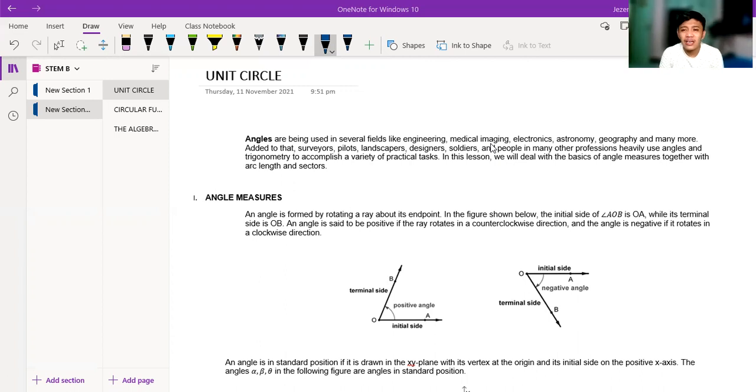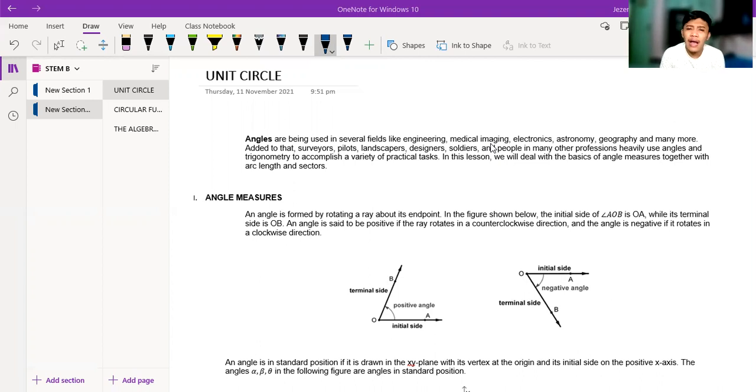Medical imaging, electronics, astronomy, geography, and many more. So added to that, surveyors, pilots, landscapers, designers, soldiers, and many other professionals heavily use angles and trigonometry to accomplish a variety of practical tasks. So guys, in this lesson, we will deal with the basics of angle measures together with arc length and sector.